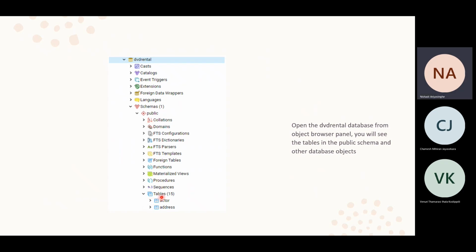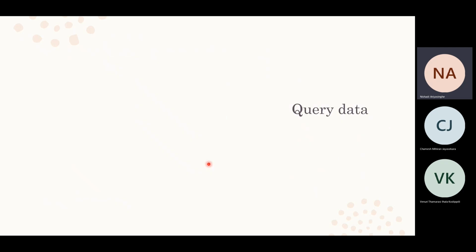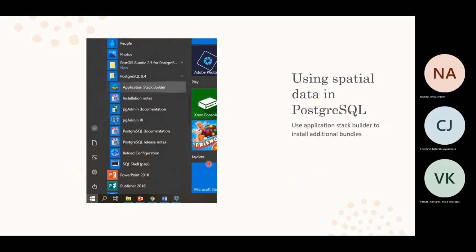And under the public, there is an option called tables. This tables option includes all the tables which are there in the DVD rental database, right? Actor, address. So those are the tables, right?